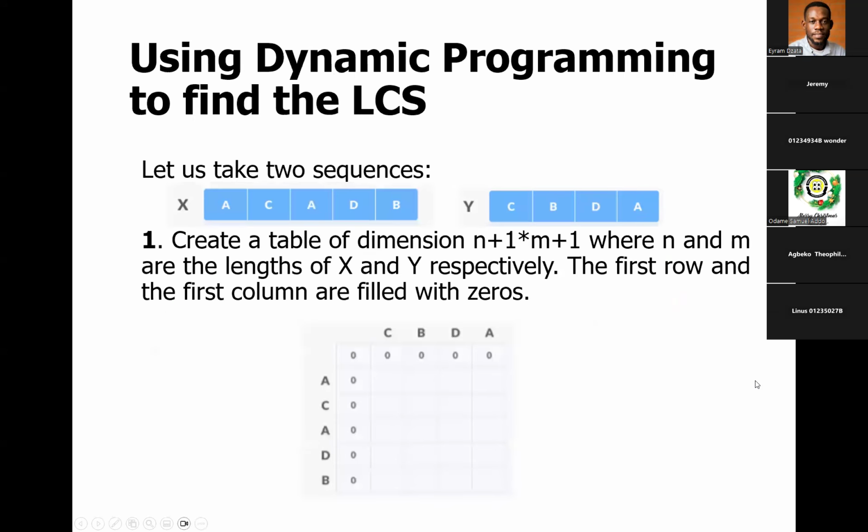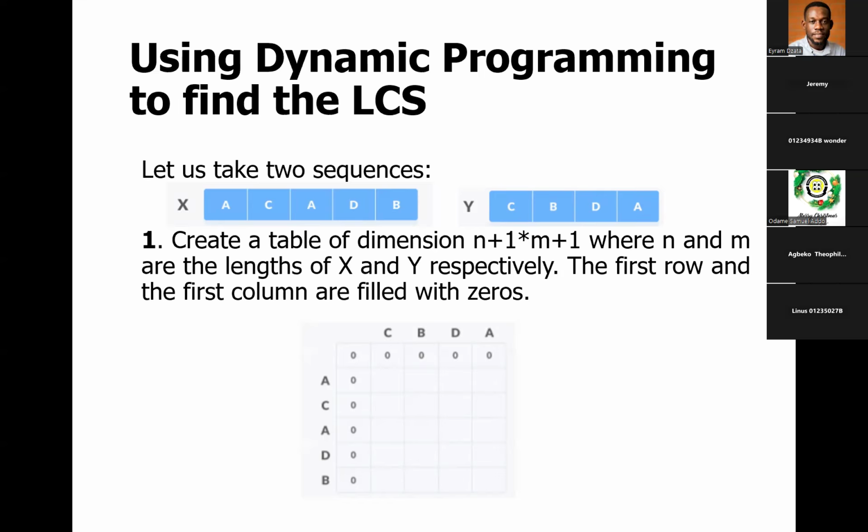All right, based on the question I asked, how are you able to determine which of the longest common subsequences that you have is optimal?